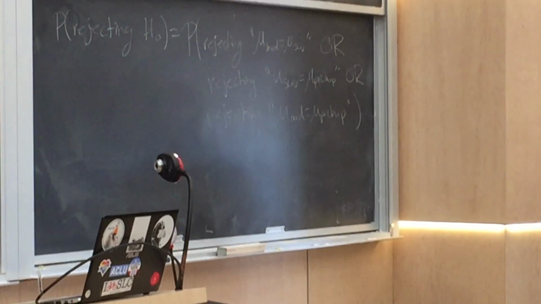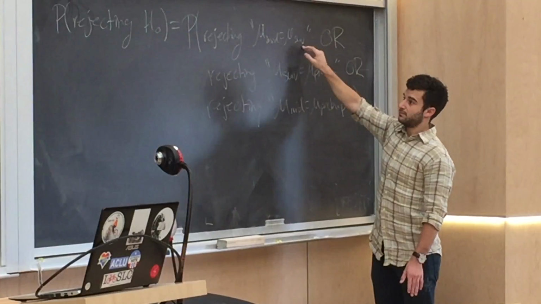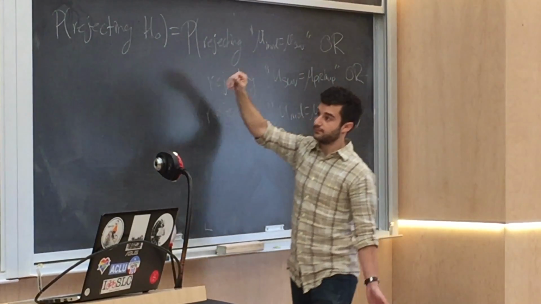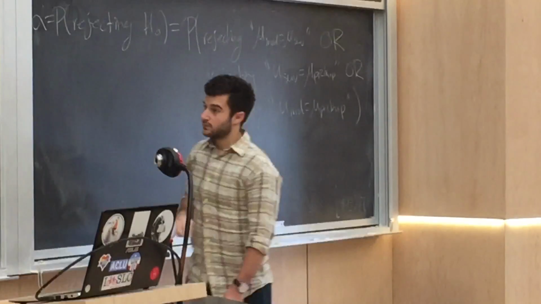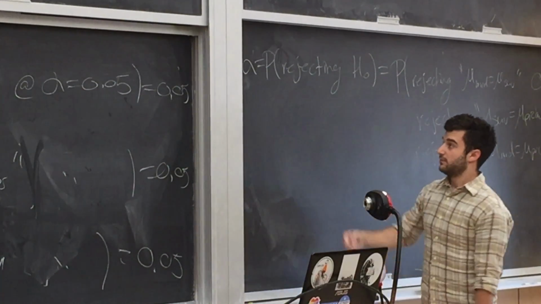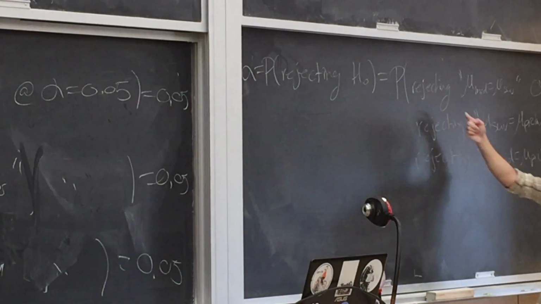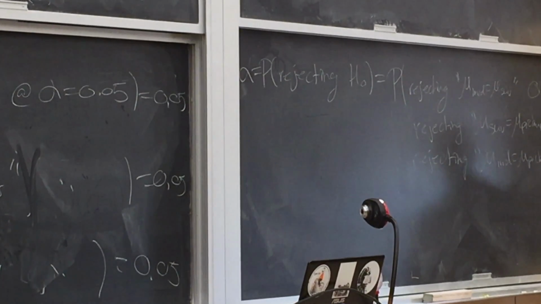So the actual alpha level that we get if we look at just pairs of hypotheses is this probability: the probability of rejecting the first one, or the second one, or the third one.